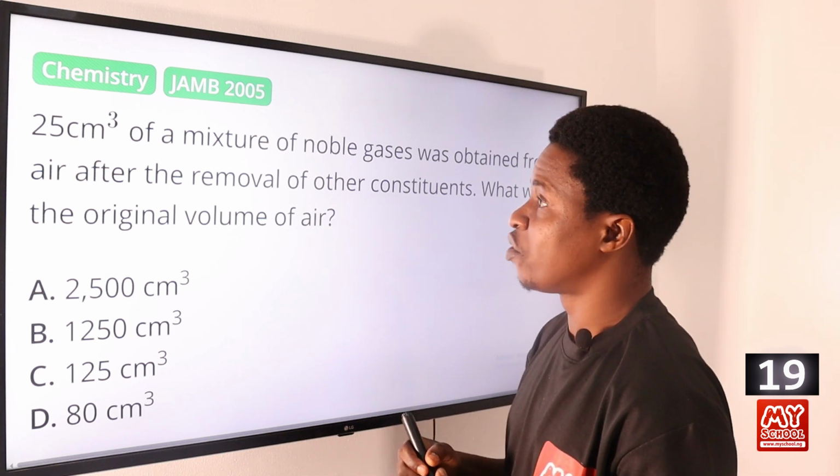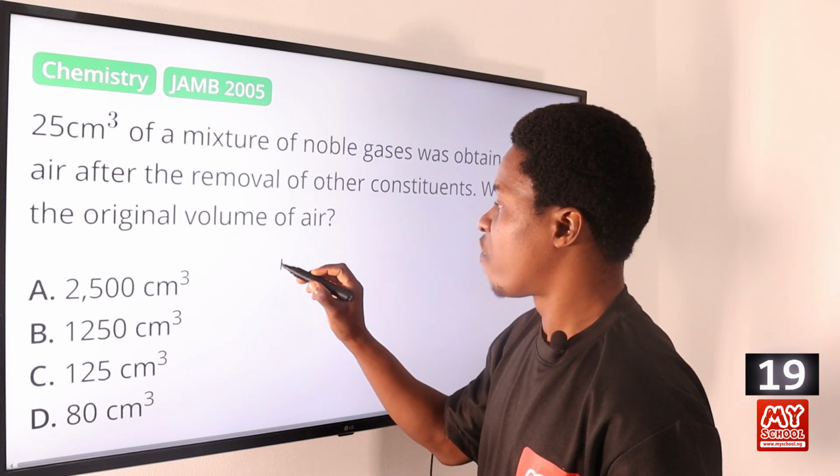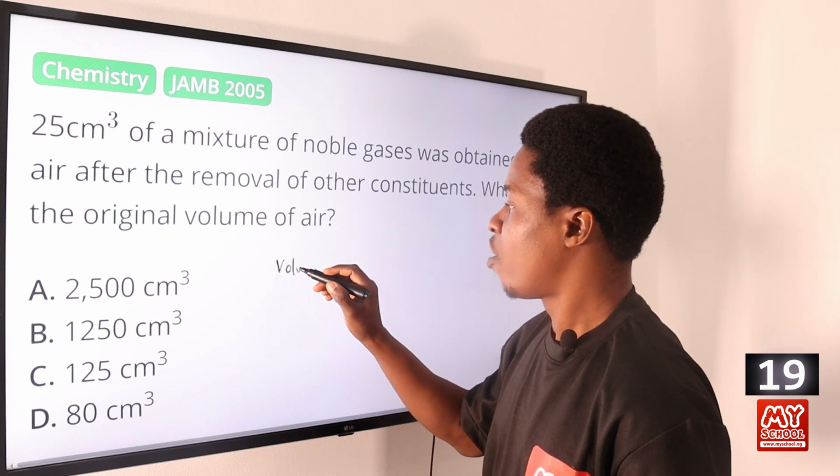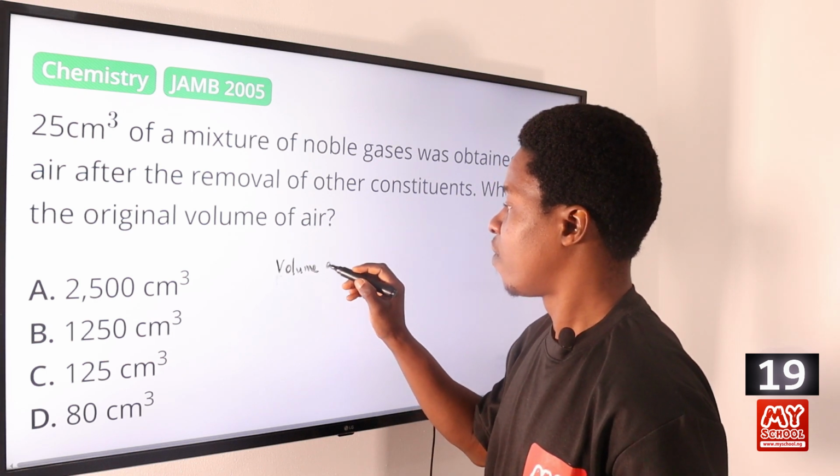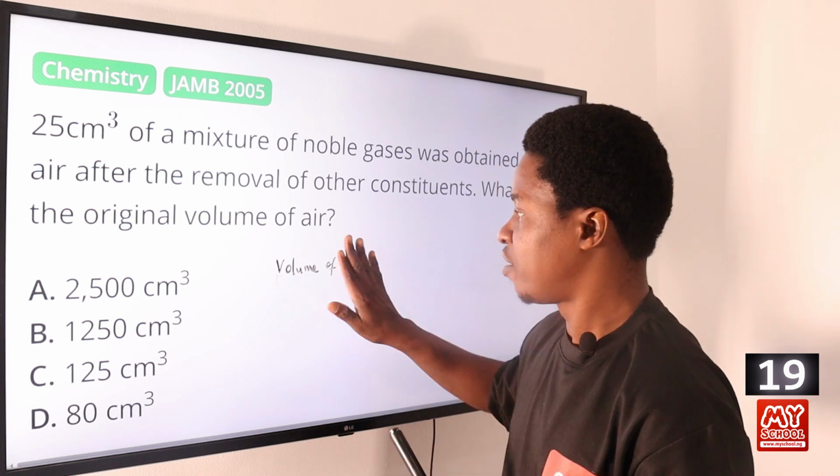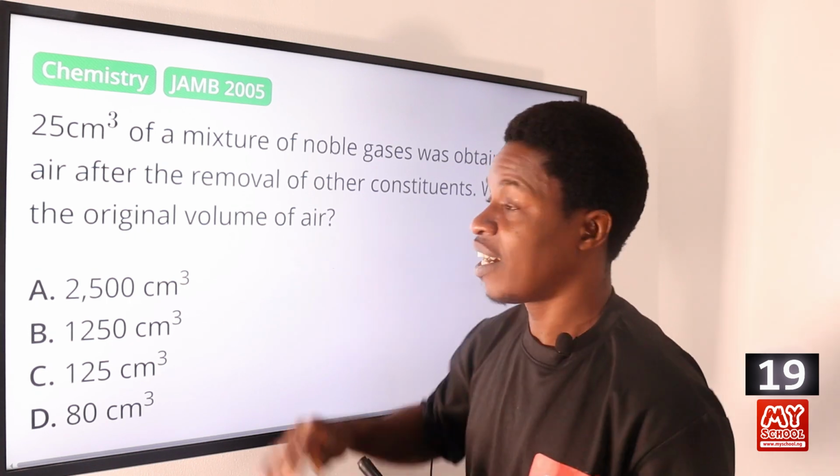So what's the original volume of air? Let's use the board so that it can be clearer.